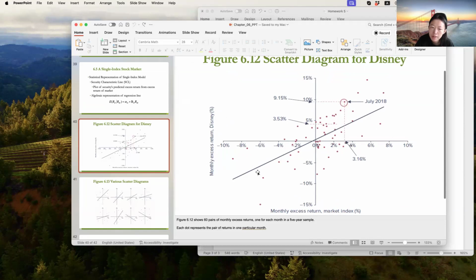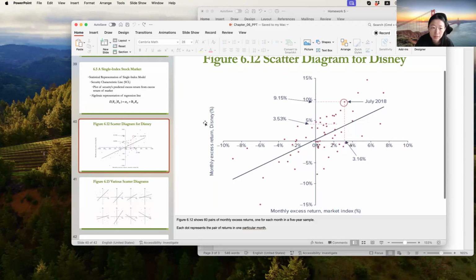So we're trying to use one simple but elegant statistical model to represent the relationship between Disney and the market. There is also estimation error, because you see that not every single dot lies exactly on the fitted line. You see the dot here, which is pretty far away from the fitted line, and dots here, here, and here.